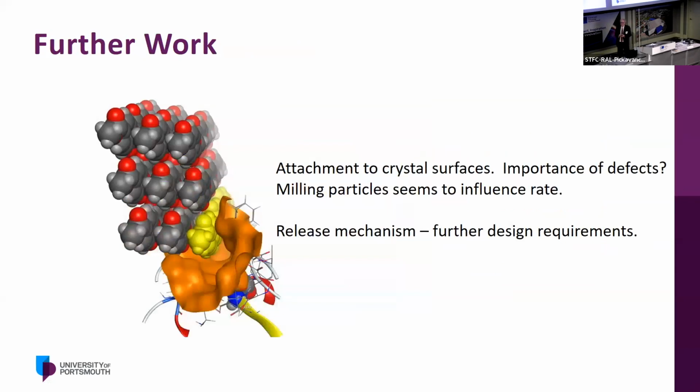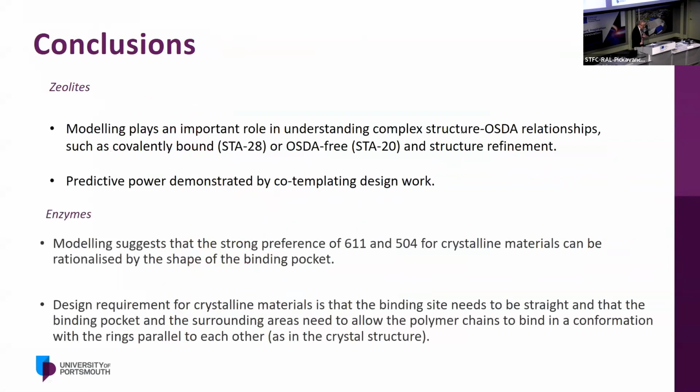A lot of work to do here to fully understand this. We want to understand how this interacts with the crystalline surface, the surfaces of the polymer. But again, there are some very interesting things to be done there to fully understand what's going on and to modify and improve these types of enzymes.